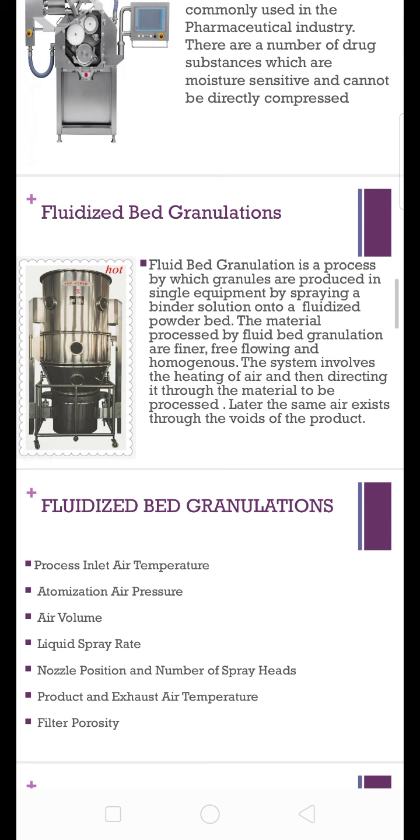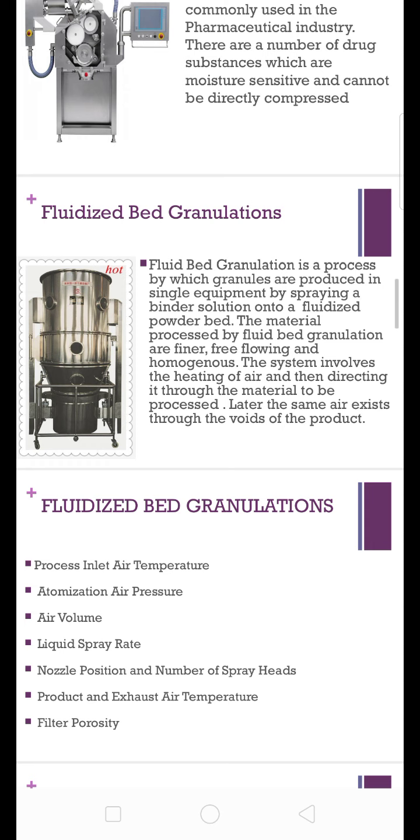Now, in case of scaling, this is one of the most widely used instruments for granulation, in which granules are placed in a single piece of equipment like a bucket, in which binder solution is sprayed on the fluidized powder bed.